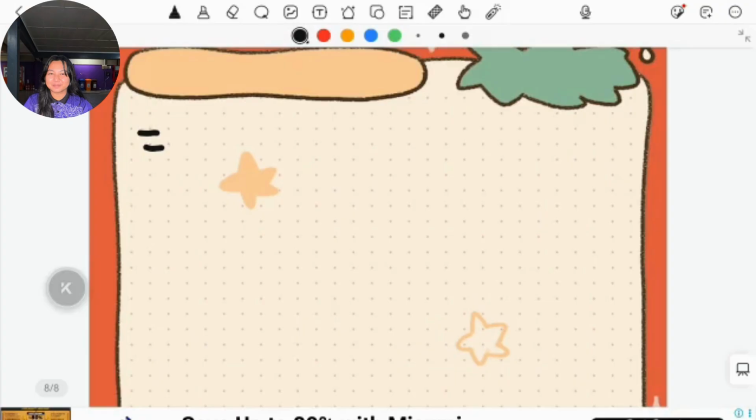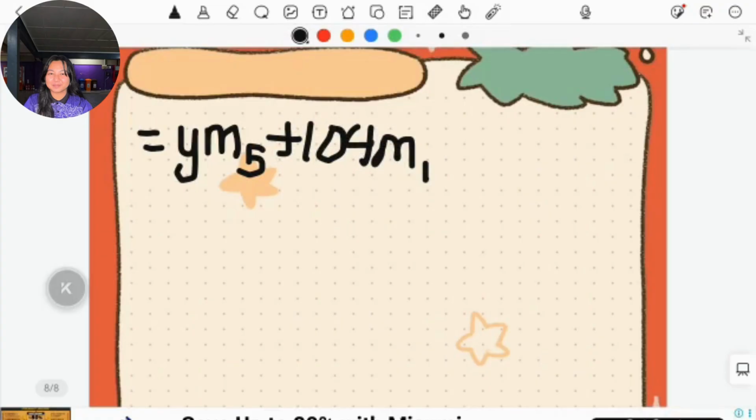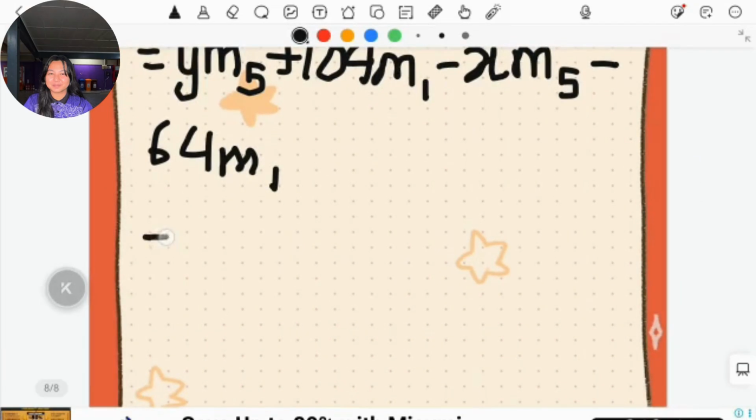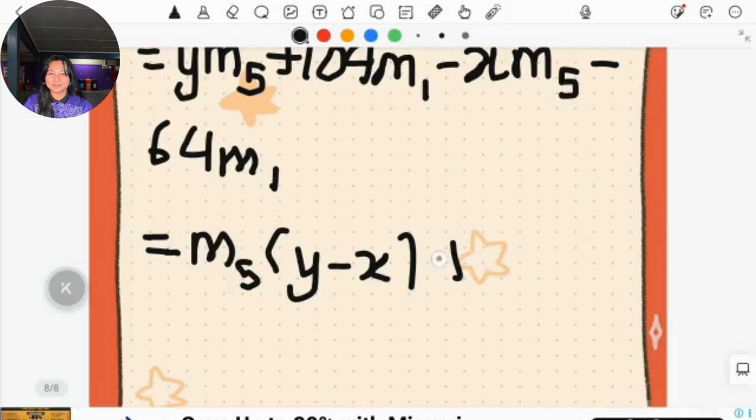For the next step, we need to simplify y m5 minus x m5, and we also need to combine 104 m1 minus 64 m1. So it will be equal to m5 in bracket y minus x plus 40 m1.